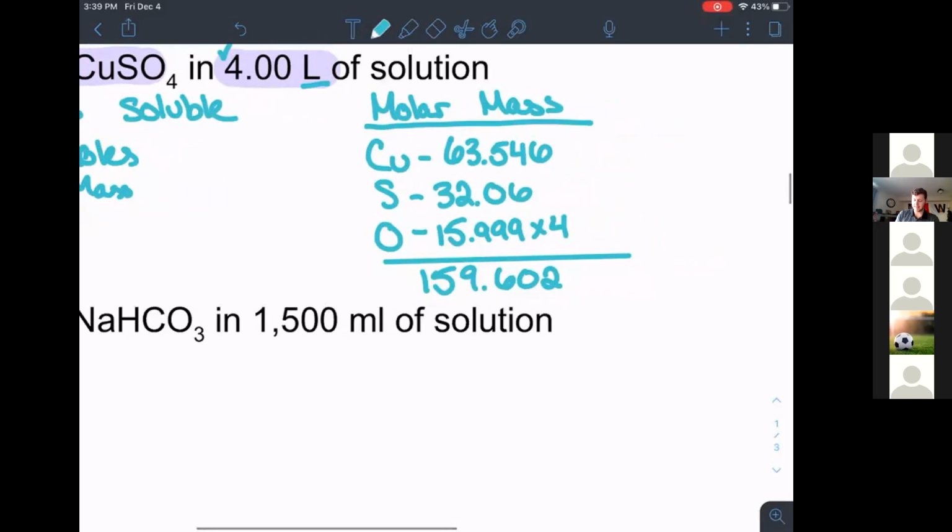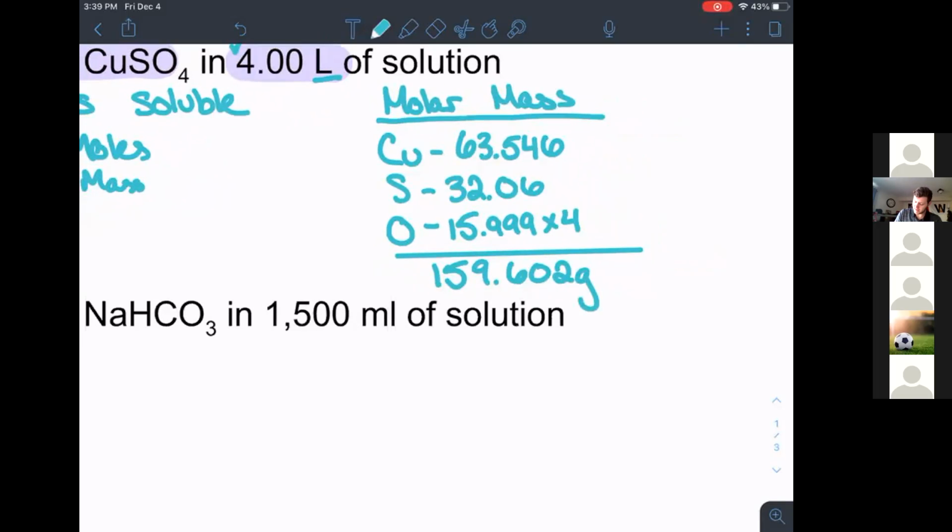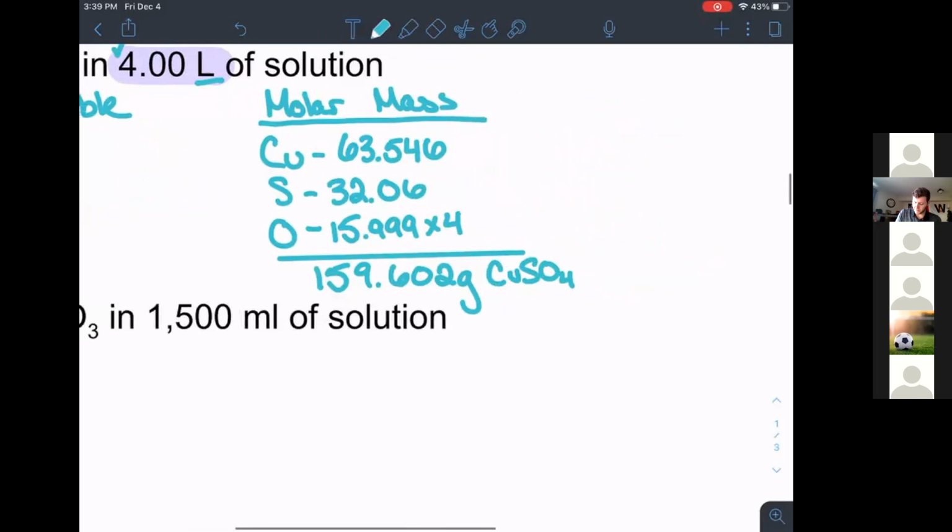And our units for this one are the number of grams of copper sulfate that equal 1 mole of copper sulfate.